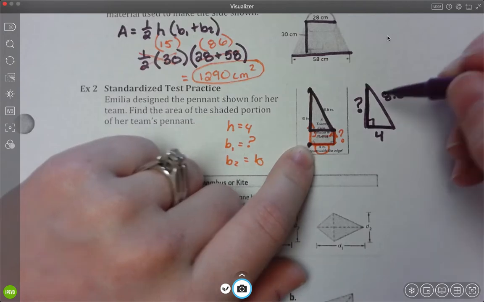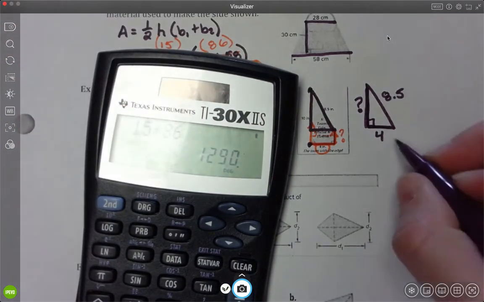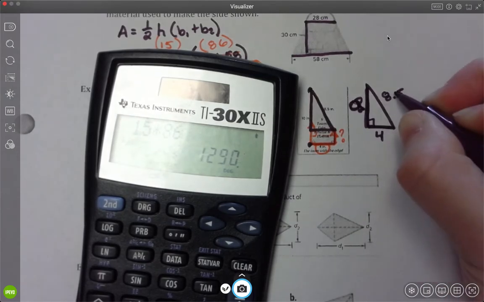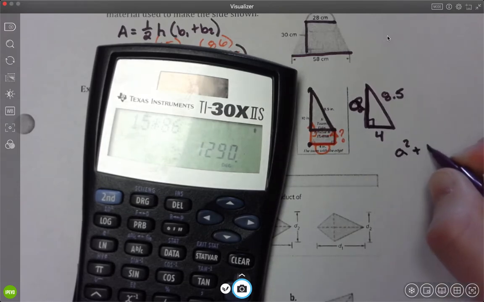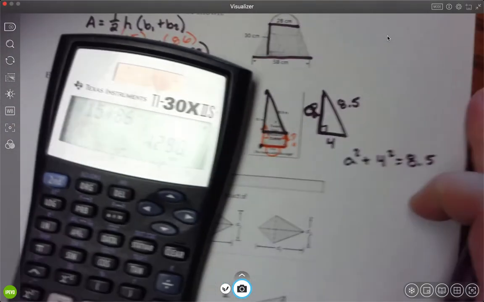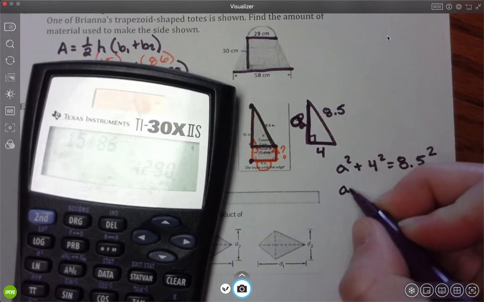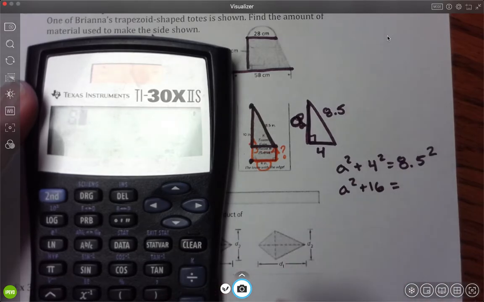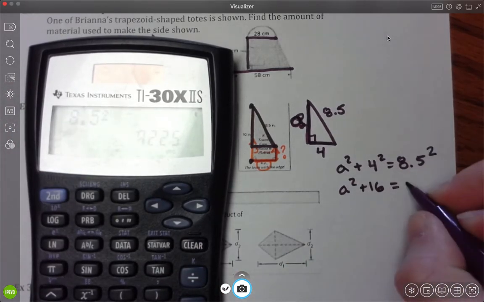This is a right triangle, so I can use the Pythagorean theorem to do that. So let's call this guy A, and this guy's B, and then 8.5 is going to be my C. So A squared plus B squared equals C squared. So A squared plus 16 equals 8.5 squared, which is 72.25.